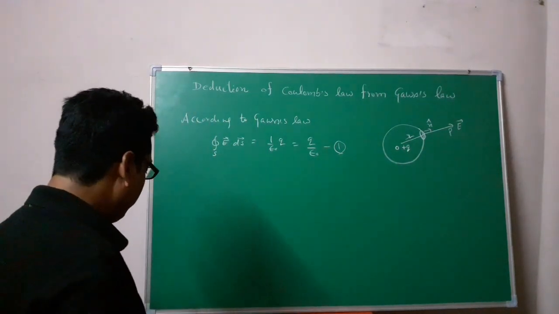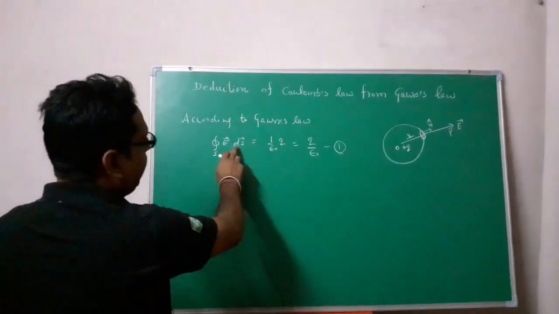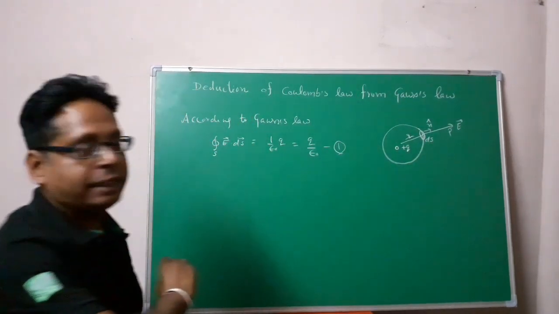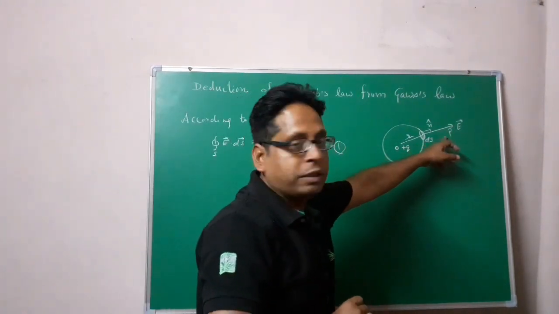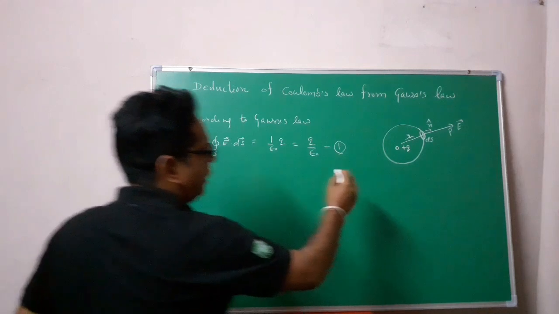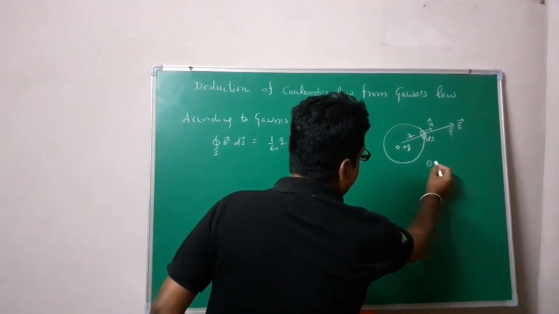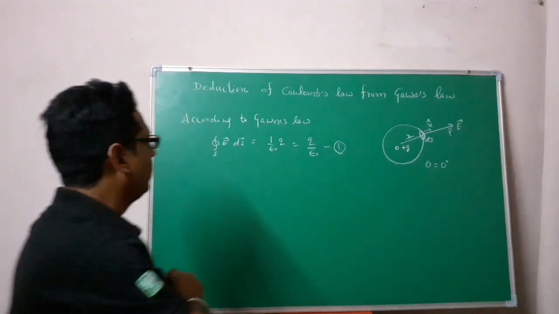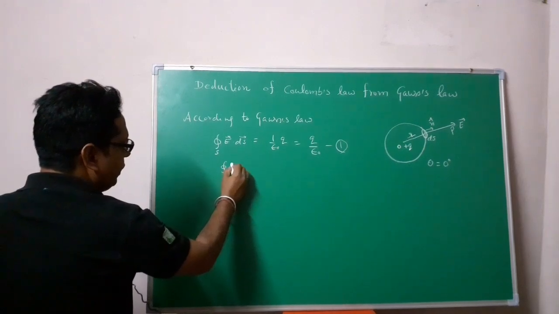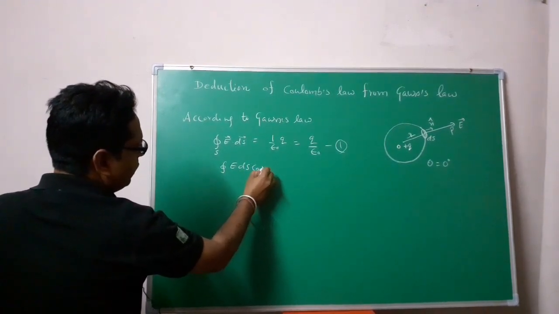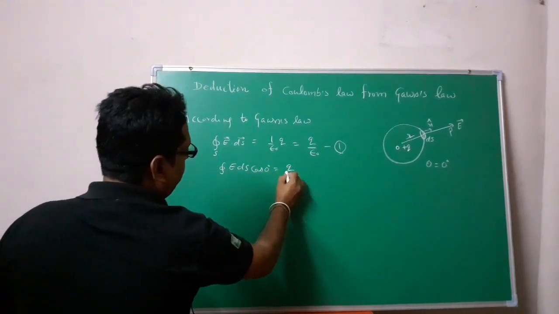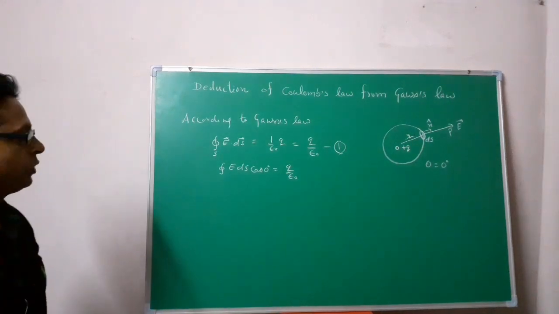I have considered a small surface ds, and ds and the electric field E are acting in the same direction, so theta is equal to 0 degree. So this will be the surface integral of E ds cos 0 degree, which is equal to q by epsilon naught.